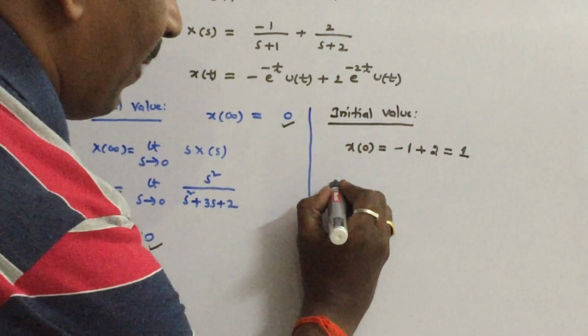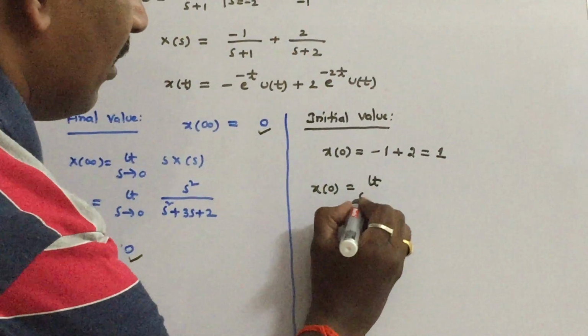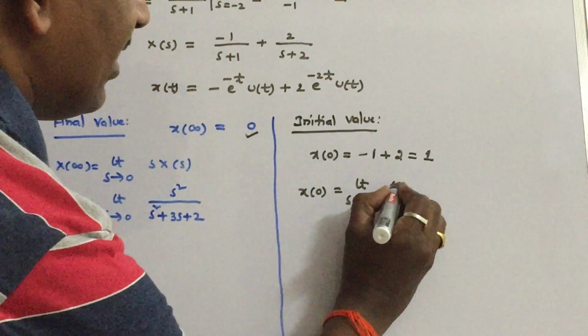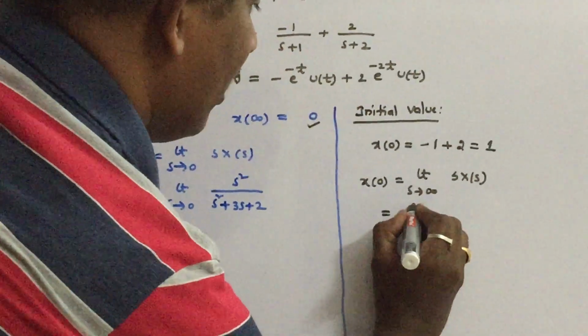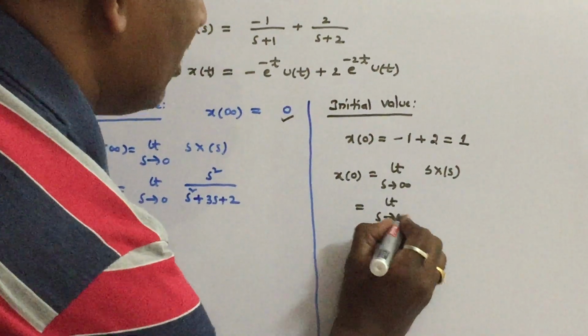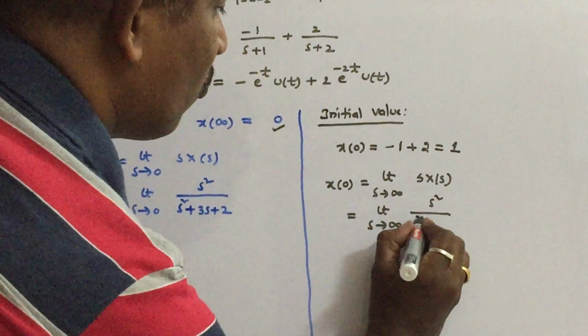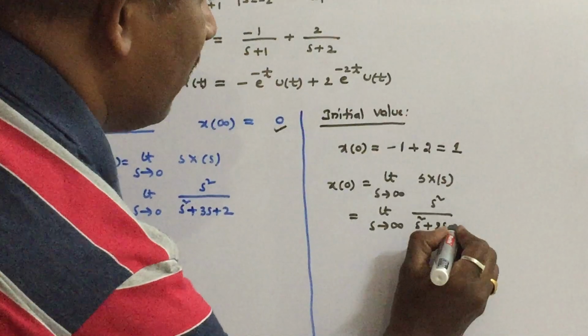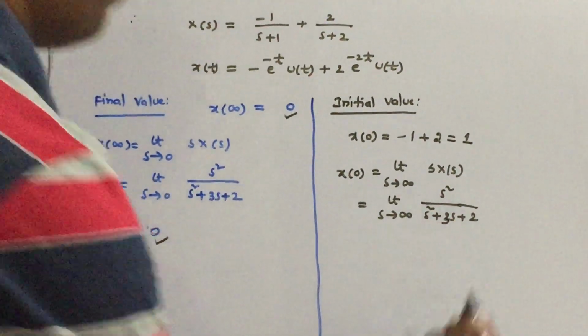So let us verify in Laplace transform domain. That is, x of 0 is equal to limit s tends to infinity, s into x of s. So it will become limit s tends to infinity, s square by s square plus 3s plus 2.